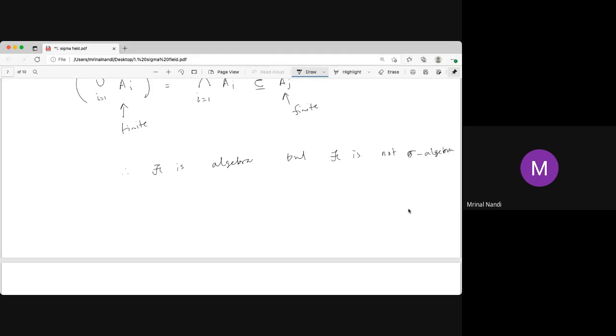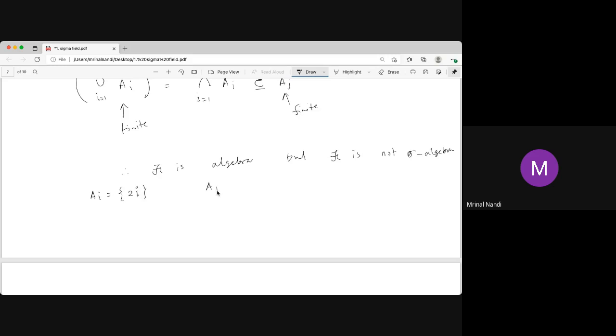You have to find some sets which are finite or cofinite, but whose union is not finite or cofinite. This is again trivial. Take a collection where A_i is just the set containing 2i.